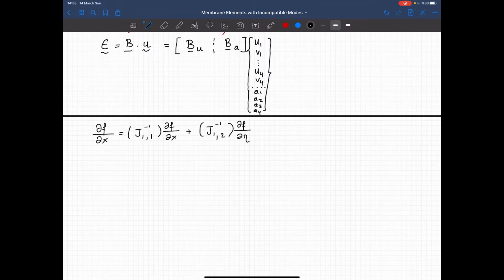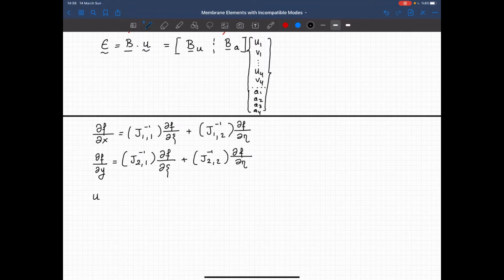And likewise del f over del y will be equal to Jacobian 1 inverse del f over del psi plus Jacobian 2 inverse del f over del nu.